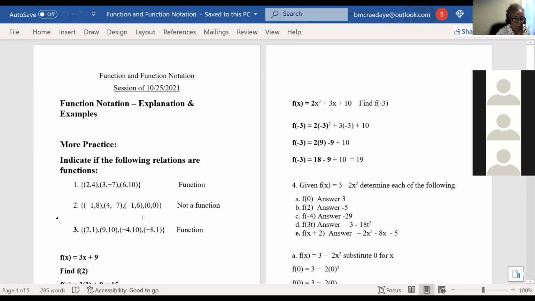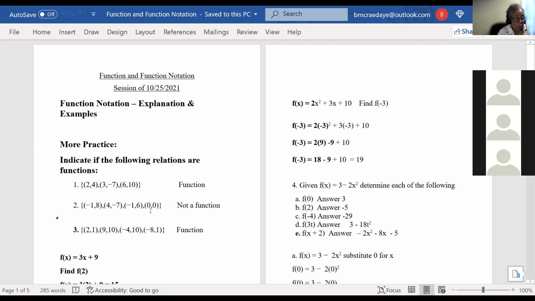You follow? Yes. Okay, so xy pairs are relations, because a relation is an input with an output. But with your input and output, they have to be a one-to-one different pair. Don't worry about the y's. The y's can be all the same, but your x values have to be different.